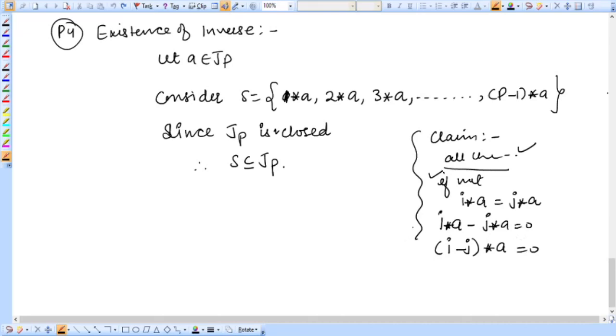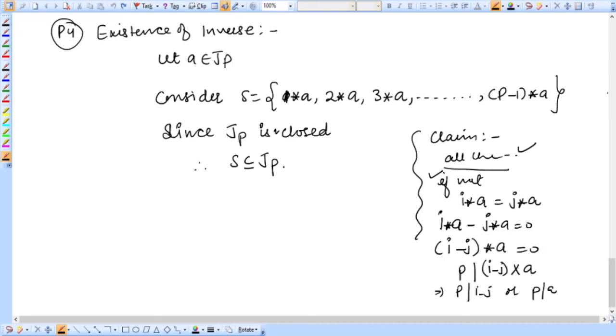This means the remainder of this thing is 0, so P is dividing (I minus J) into A. So (I minus J) into A is divisible by P. As we did earlier, either P divides I minus J or P divides A.